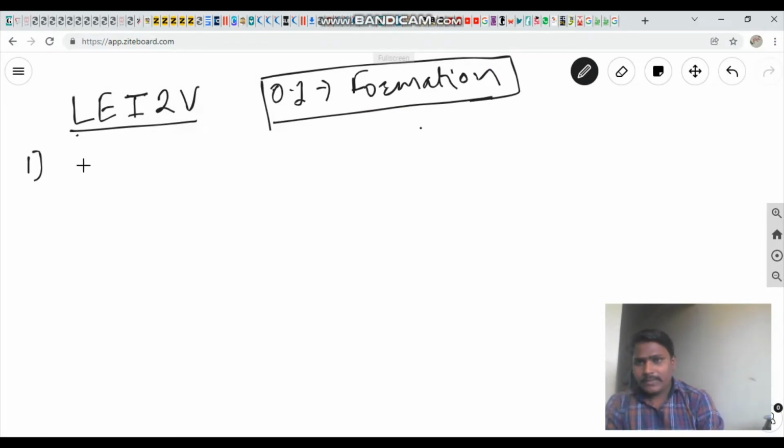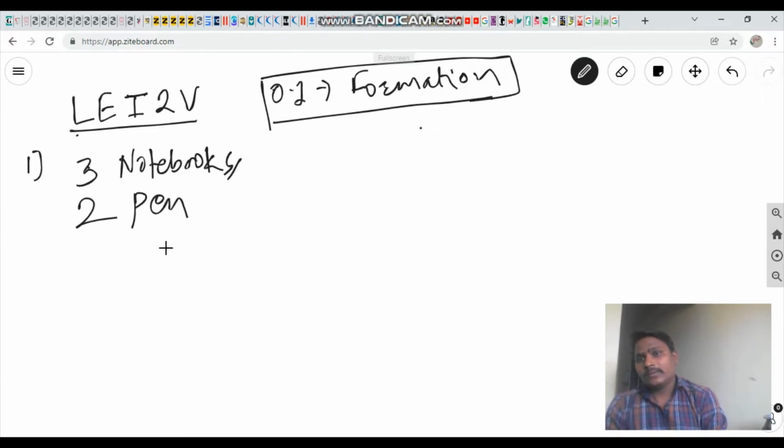So in the very first example, what is given? The things he is buying are 3 notebooks, 2 pens, and he is paying 350 rupees.